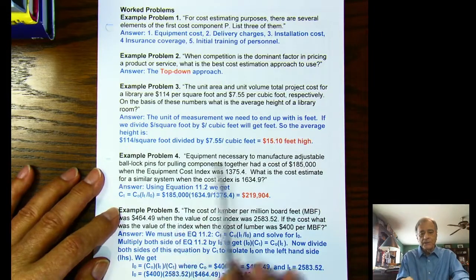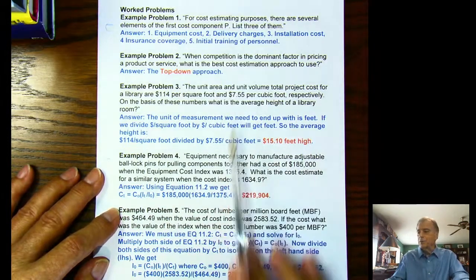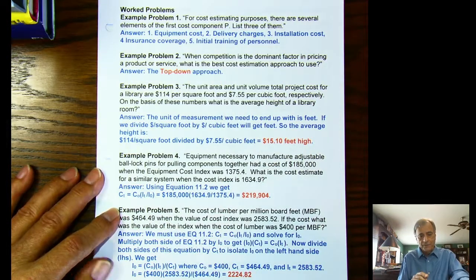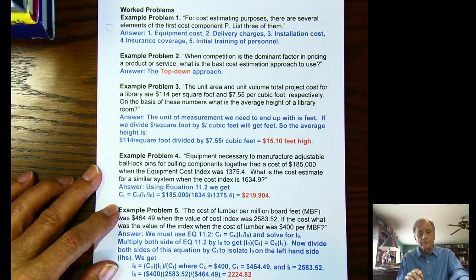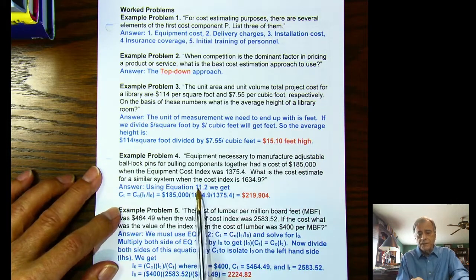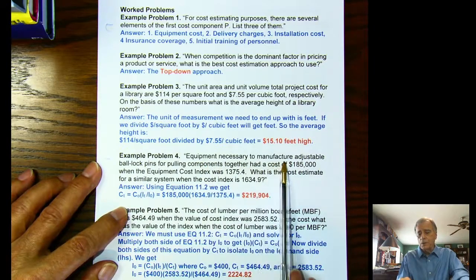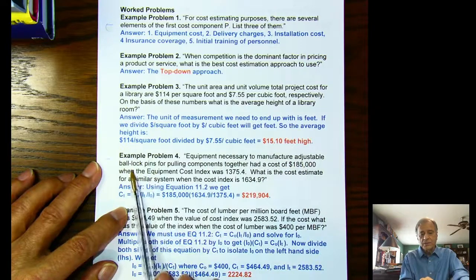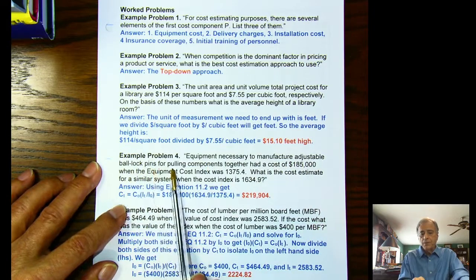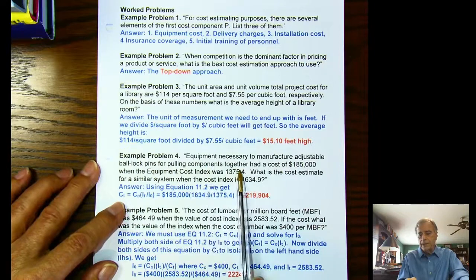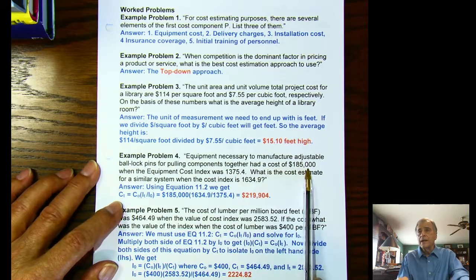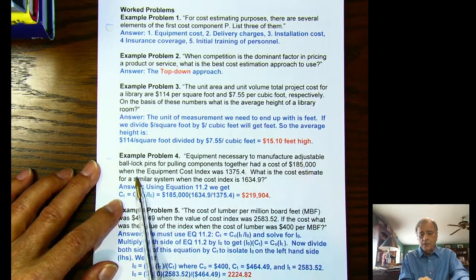Example 4 uses one of the formulas we talked about in the first part of chapter 11. It says, equipment necessary to manufacture adjustable ball lock pins for pulling components together had a cost of $185,000 when the equipment cost index was 1,375.4.